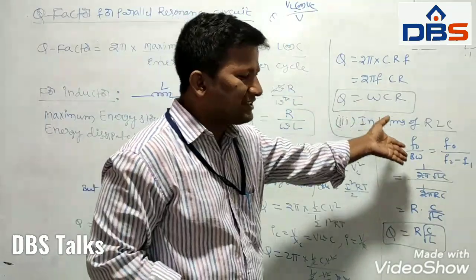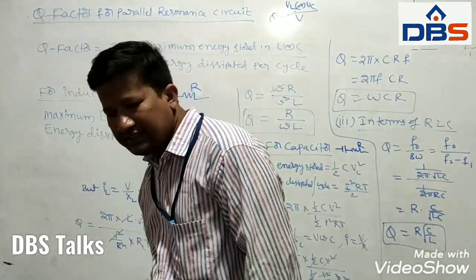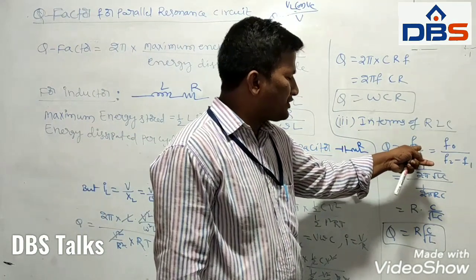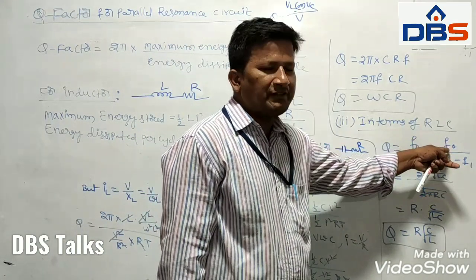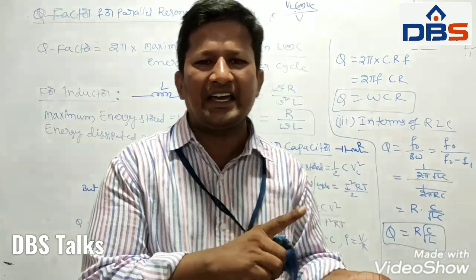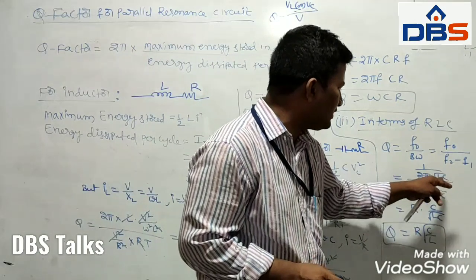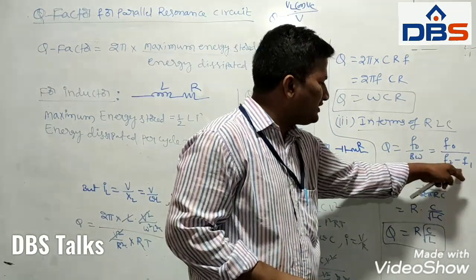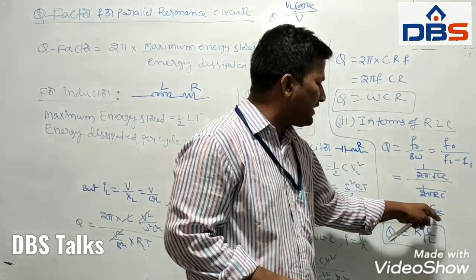Now in terms of RLC, we know that the quality factor is equal to the resonant frequency by the bandwidth. The bandwidth is nothing but the difference between the two cutoff frequencies, the higher cutoff frequency minus the lower cutoff frequency. We know the resonant frequency is 1 by 2 pi root LC, and the difference between the two is 1 by 2 pi RC.